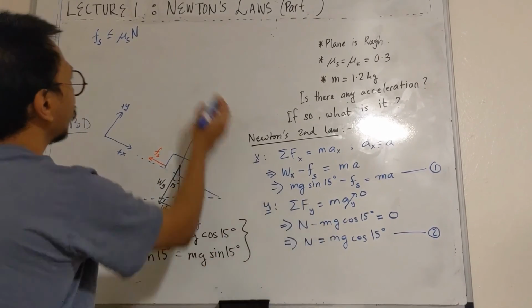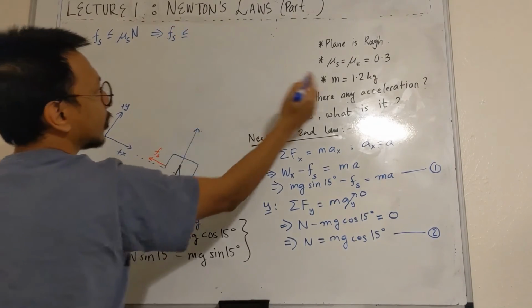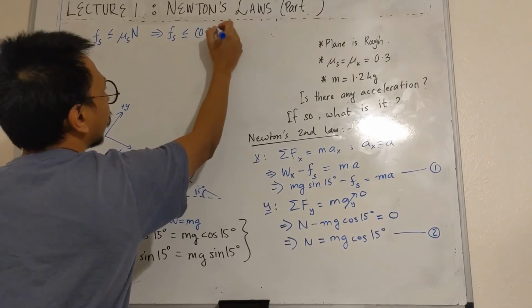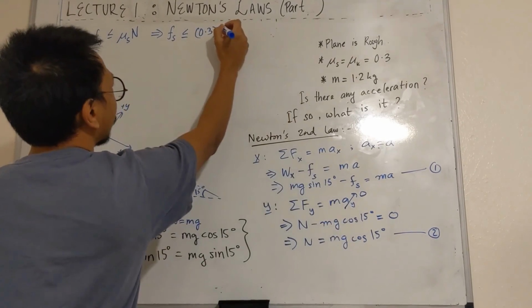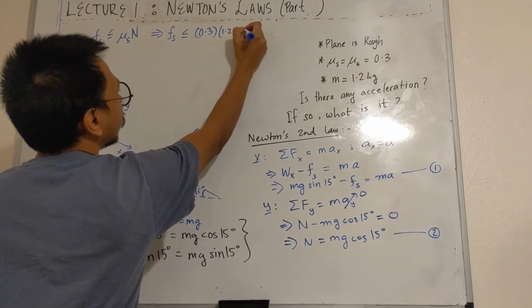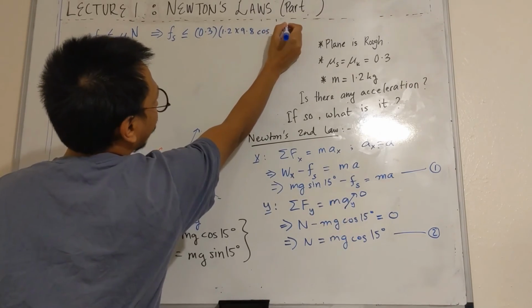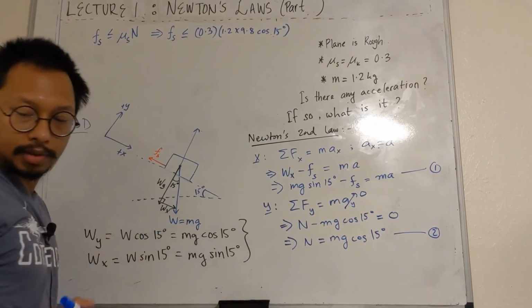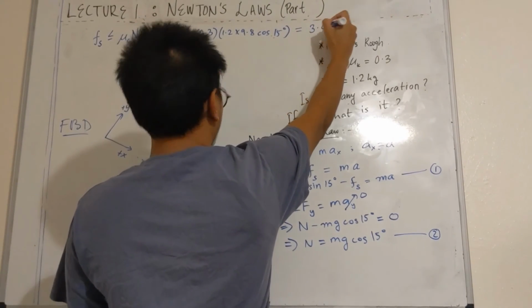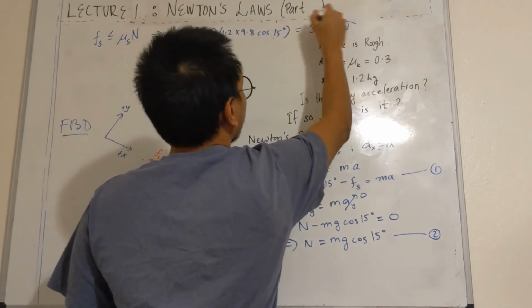We have found the normal force, which means the static friction is less than or equal to mu, given to us as 0.3, times the normal force mg cosine 15, m is 1.2, g is 9.8 times cosine 15. What does this come out to be? This comes out to be 3.41 newtons.